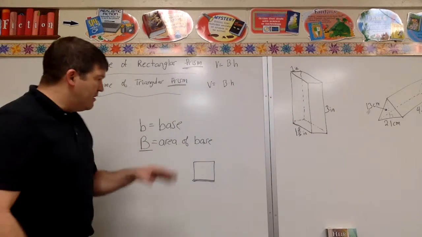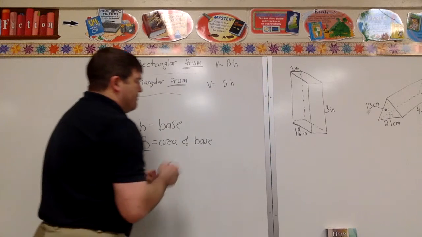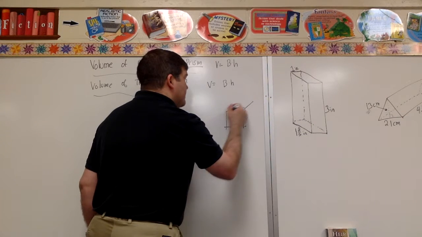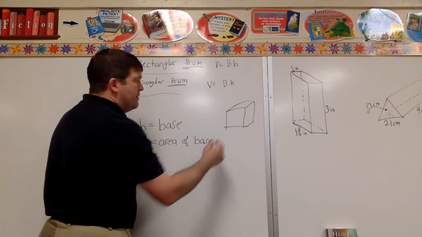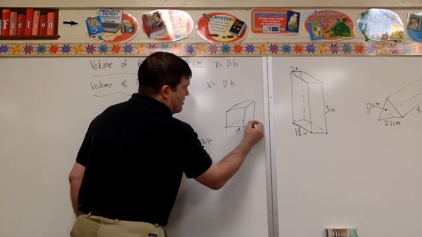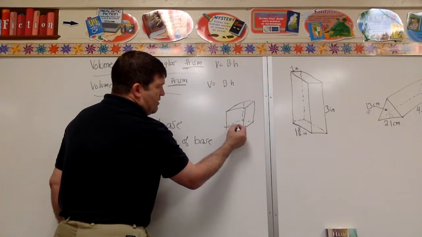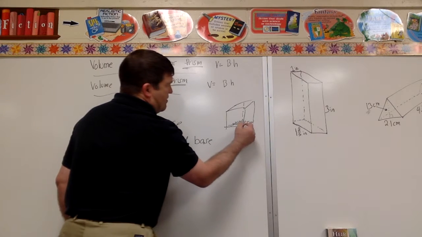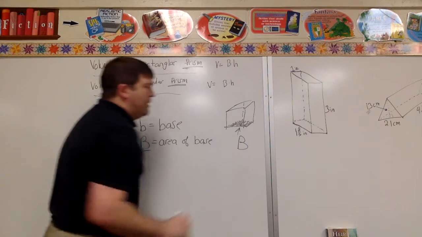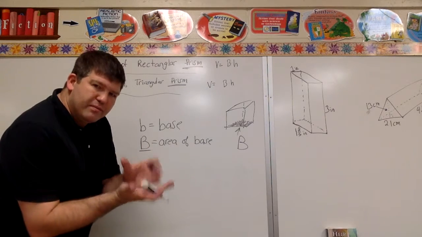So, big B means I've got the area of the figure. If it's a prism, it's something like this. Now, whatever this bottom part is, the area right here, that area is my big B. It's the area of the base, what it sits on.